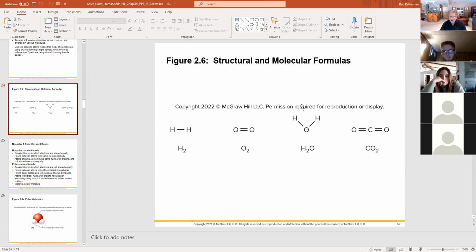So I want to look at water here. And as we've said, we're talking about a hydrogen here, two hydrogens really, sharing their valence electron with oxygen. And in so doing, all three parties are happy because they filled their outermost energy shell or energy level.